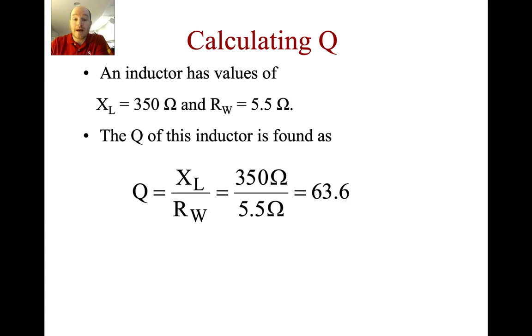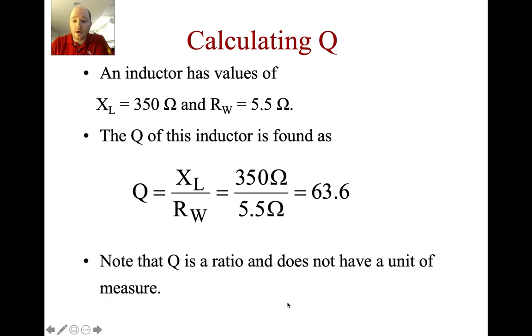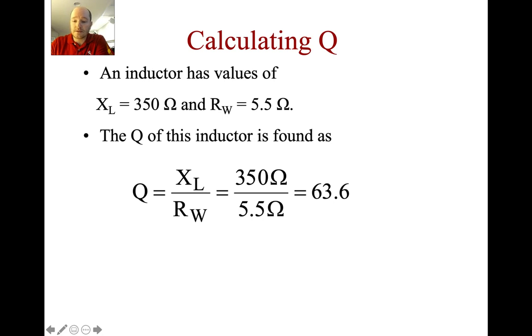Is 63.6 good or bad? Well, it depends. Some people would say that's really bad, but notice that if I increase my frequency, this would increase my X of L, but my RW would not change. So my Q factor will get a lot larger. Let's do that experiment.